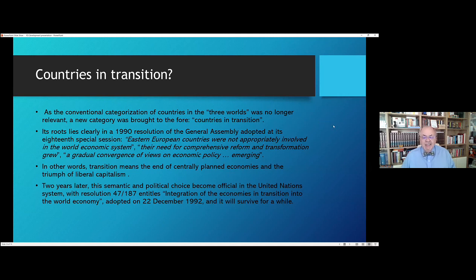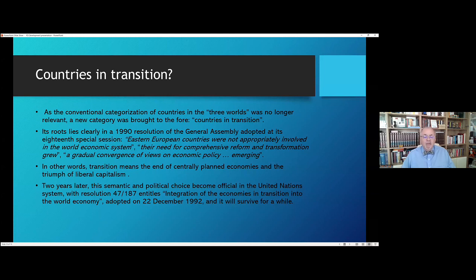What does it mean, countries in transition? There was a resolution of the General Assembly, which, although it doesn't give a definition, refers very precisely to the Eastern European countries, which were not appropriately involved in the world economic system. And they need a gradual convergence of views on economic policy. The point is, in other words, that transition meant at that time the end of centrally planned economies and the triumph of liberal capitalism.